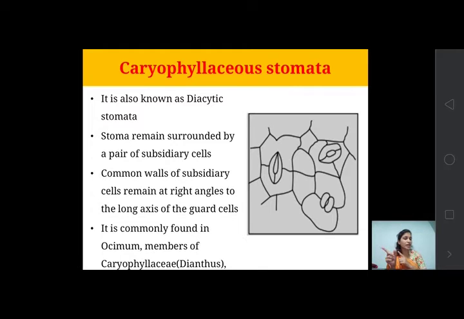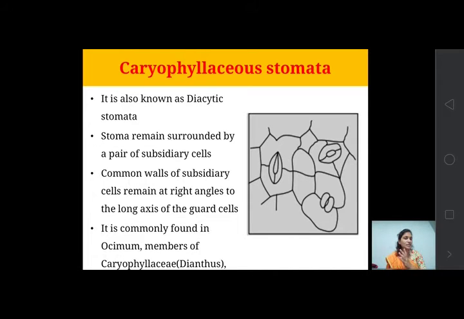In the first case, the subsidiary cells are absent, that is the ranunculaceous or anomocytic stomata. In the second case, in the anisocytic stomata, there are 3 subsidiary cells, unequal in size. One is very small compared to the other two.